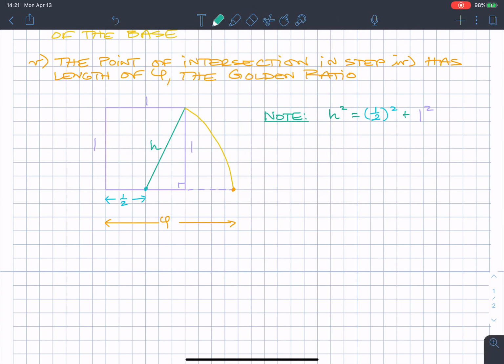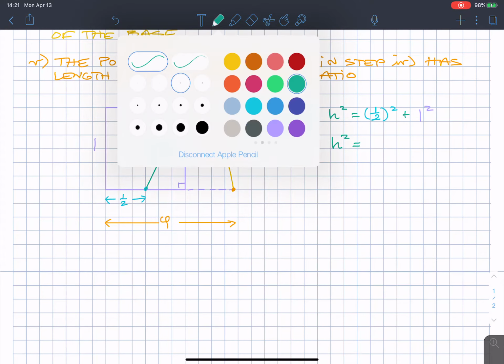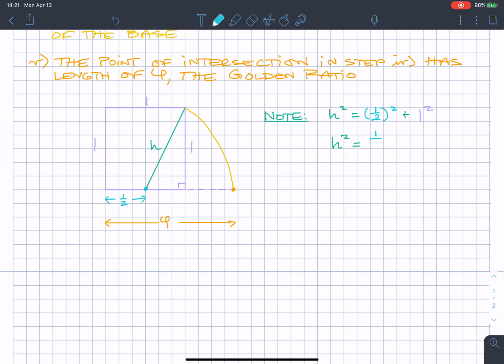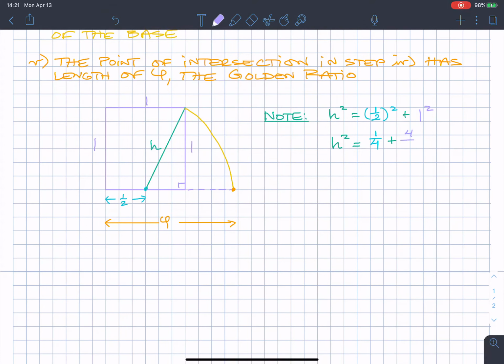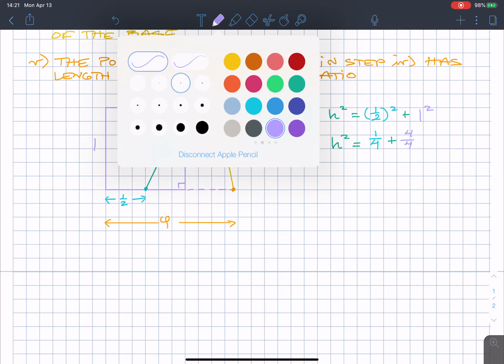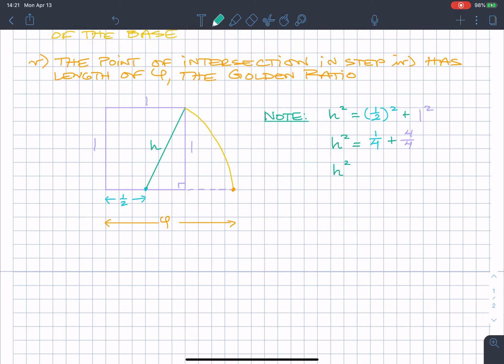So I have that h squared is 1/4, because 1 times 1 is 1 and 2 times 2 is 4. And of course 1 is just 1, but I want a common denominator, so I'm going to write 1 as 4/4. So h squared is 5/4.